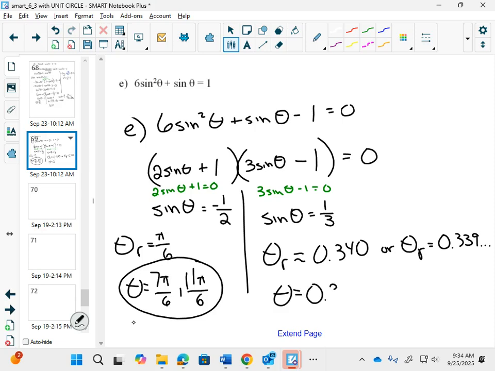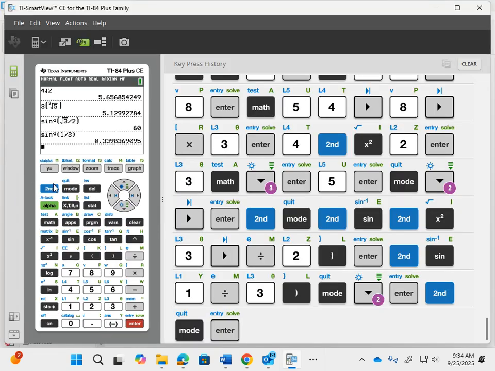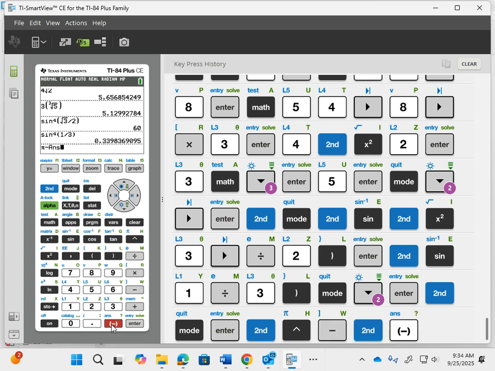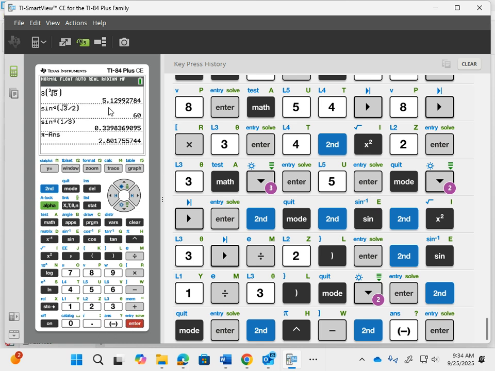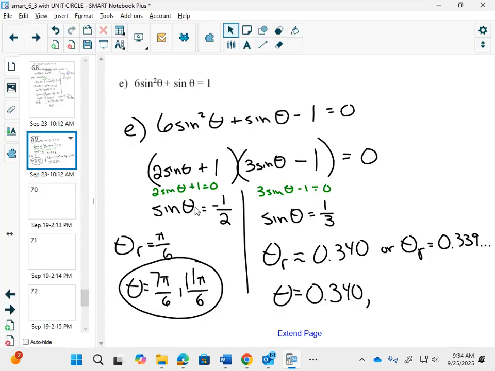And so our answers have to be in quadrant 1 and quadrant 2. And to find quadrant 2, if it was degrees, you would do 180 minus your reference angle. Since it's radians, we would do pi minus our reference angle. So I'll go pi minus my answer, 2.802.